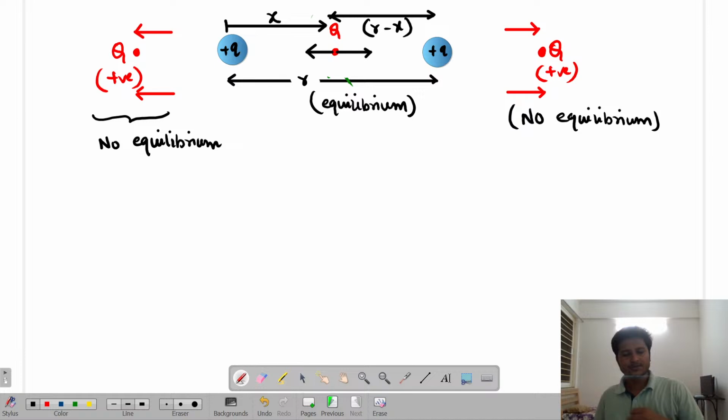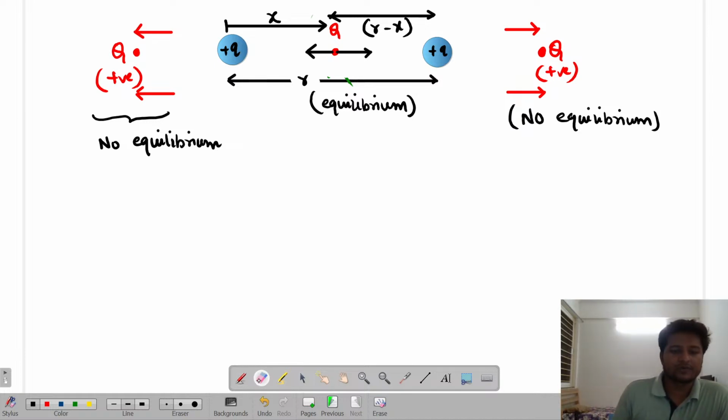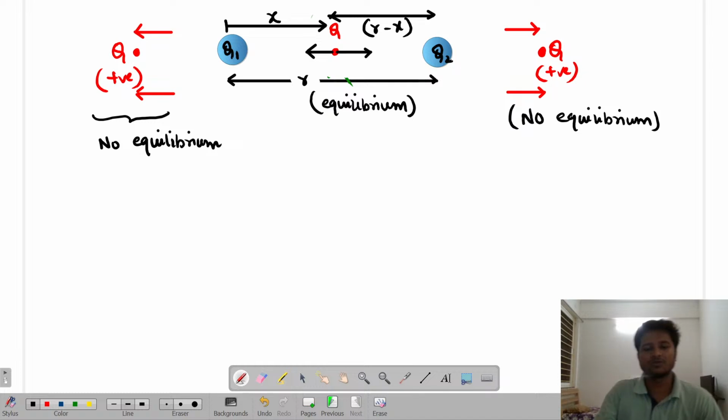Is that clear? So now the question was very simple: what is this capital Q going to be if this was Q1 and if this was Q2, isn't it? So tell me how to find that. How to find capital Q? The relation of capital Q.